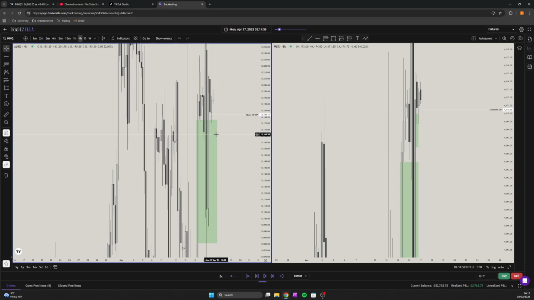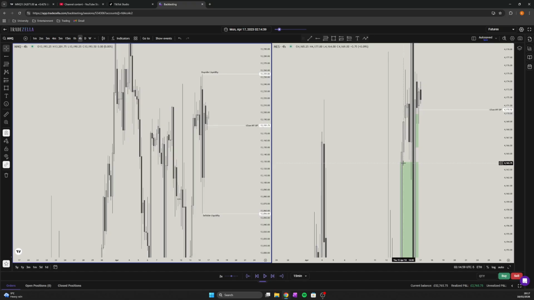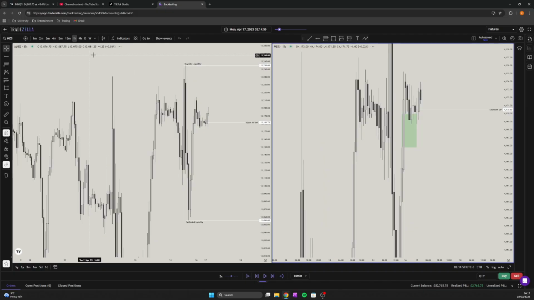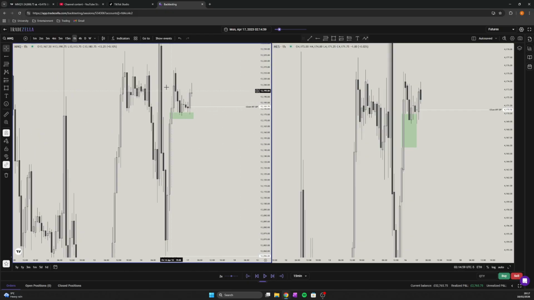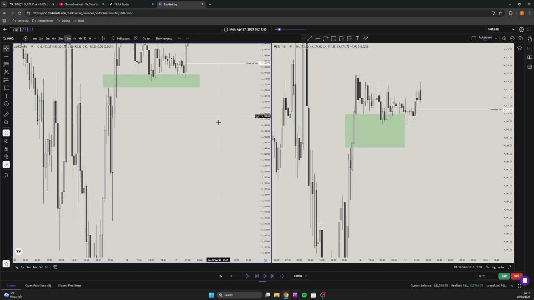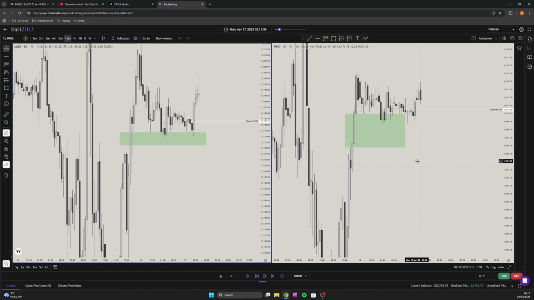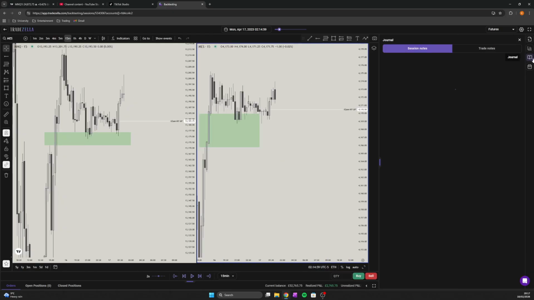Okay, I'm not gonna focus on this too hard anymore because price has already come down into it. Just gonna get rid of the 4 hour gap. We have the hourly gap. That'll be the exact same one. So we can see, right, let's just mention that.